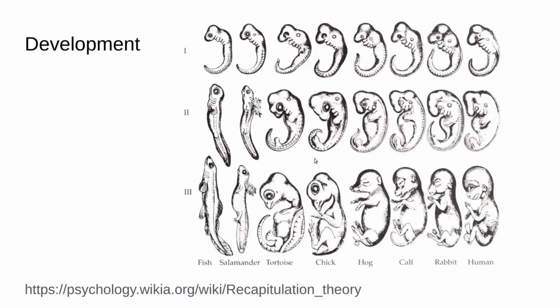All of these changes are caused by hormones that are produced in different parts of the embryo as it develops. For example, the tip of the limb here produces a hormone that encourages the cells to grow longer and make the limb longer. And over time, it grows into a real arm or a leg.